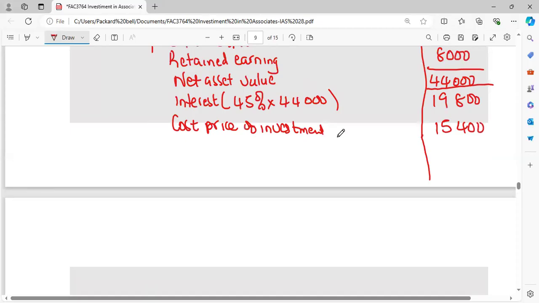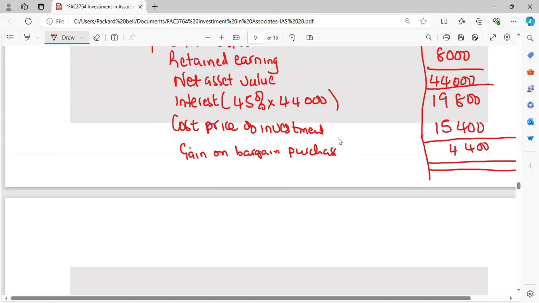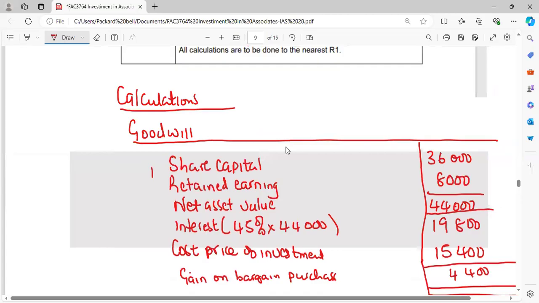Before we even calculate, what are we going to have? This is the cost price of the investment, and this is the equity share of net assets. So we will have a gain on bargain purchase of 4,400. We don't have goodwill in this; we have a gain on bargain purchase. So you will be done with your calculation for goodwill.